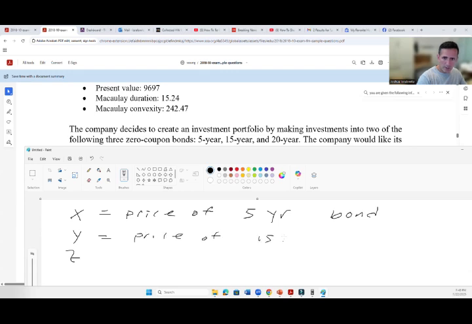This is the price of the 15-year bond, and this is the price of the 20-year bond. Okay, so one thing to be clear, and you want to understand this. So this asset occurs at the zero coupon bond. You invest money now and you get stuff after 5 years. So this occurs at t equals 5, t equals 15, and t equals 20.